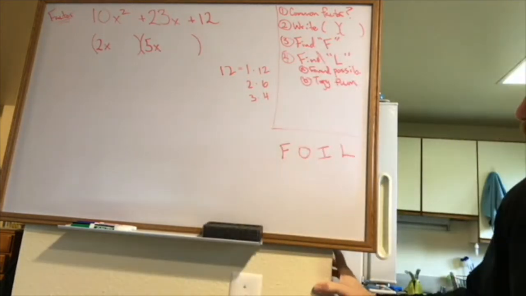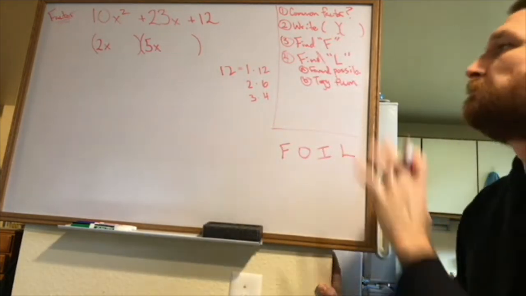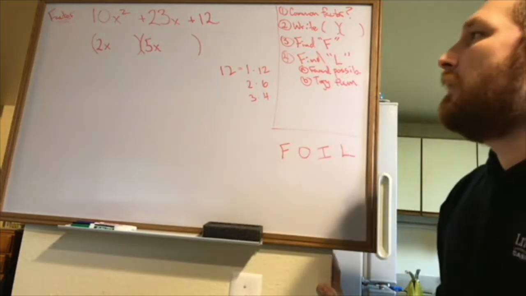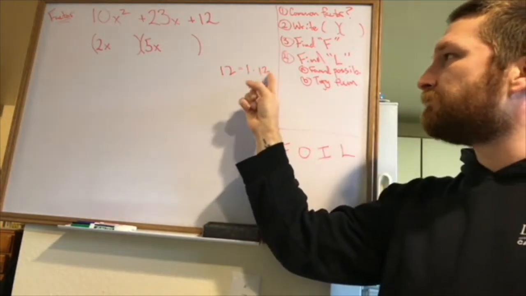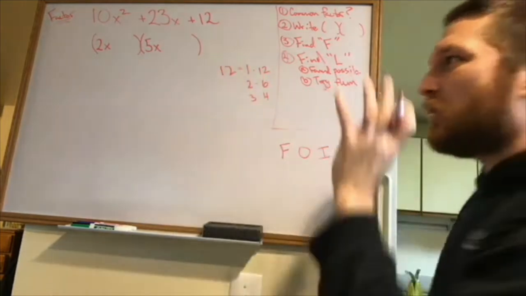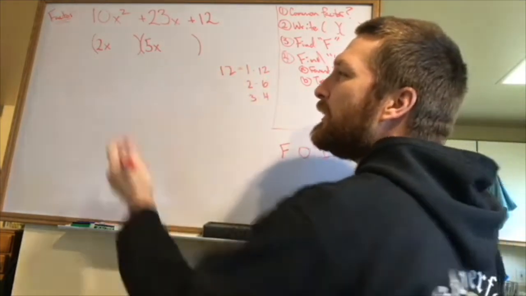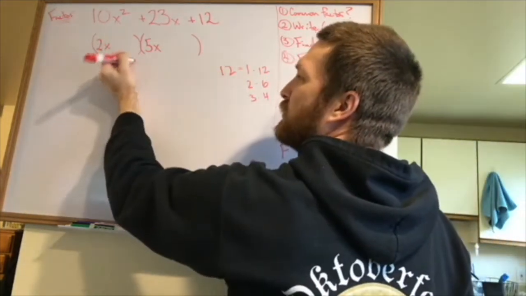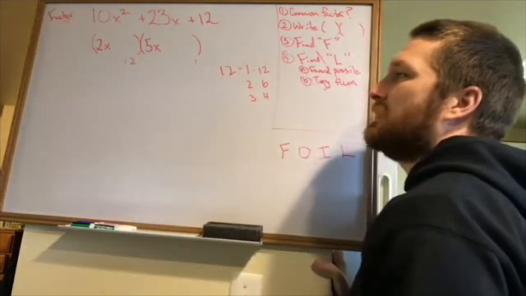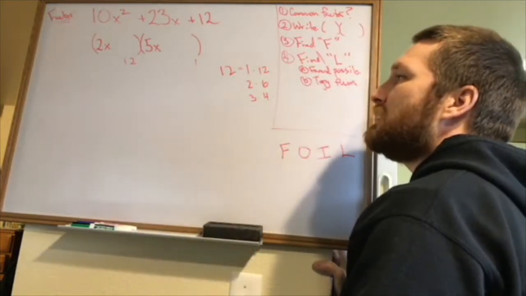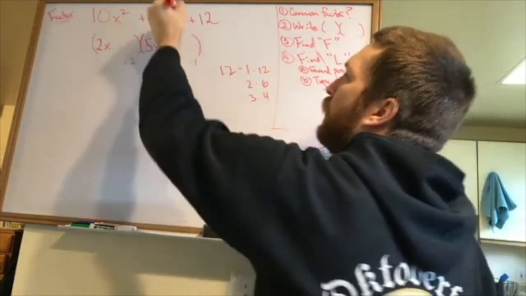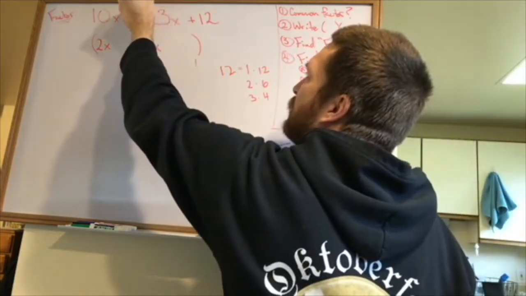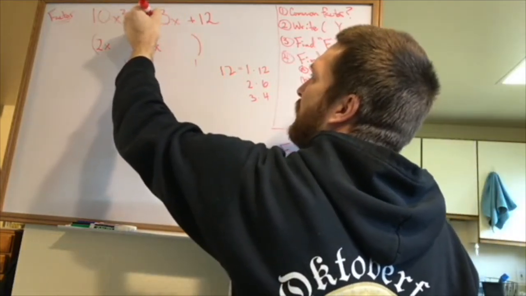Okay, now one thing to notice here is that with 1 and 12, I could just go ahead and see that it probably wouldn't be wise to try 12 and 1 like this. Why? Because this all comes down to finding out what this is, right?